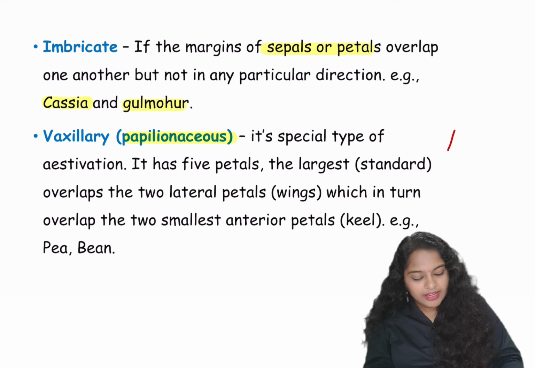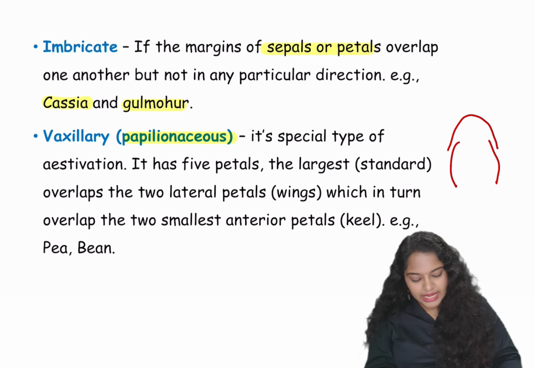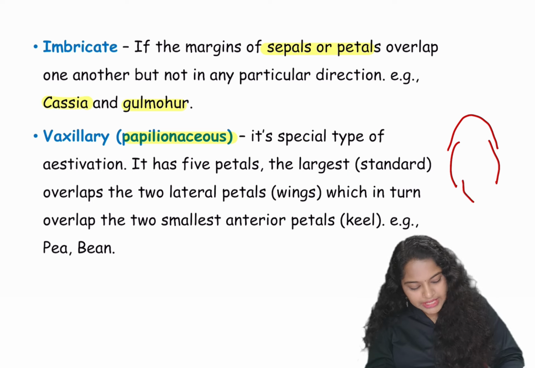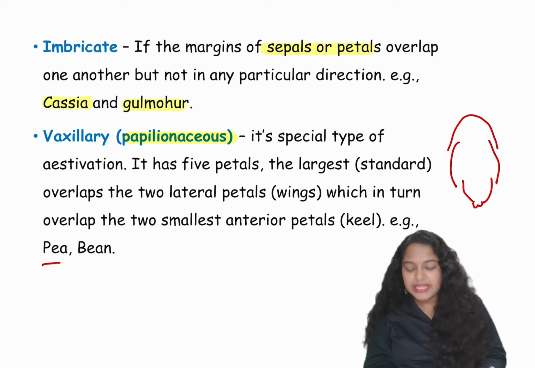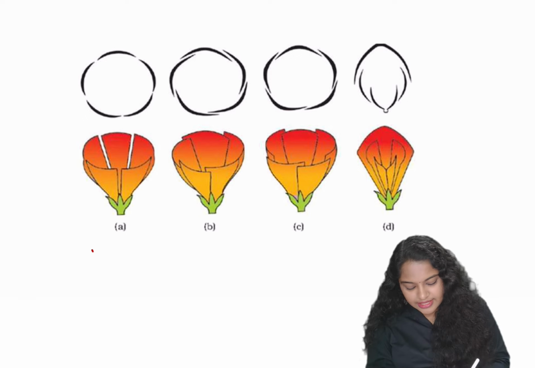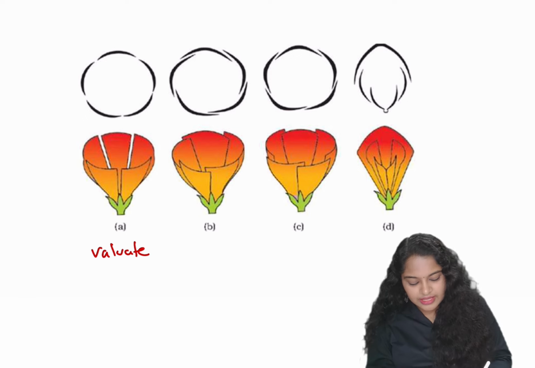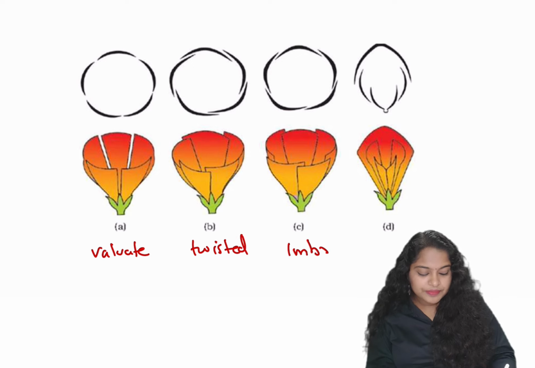Here one large petal overlaps the two lateral petals, and the two smallest anterior petals are joined like a keel. Examples are pea and beans. So these are the different types of estivation. This is valvate, this is twisted, this is imbricate, and this is vexillary estivation.